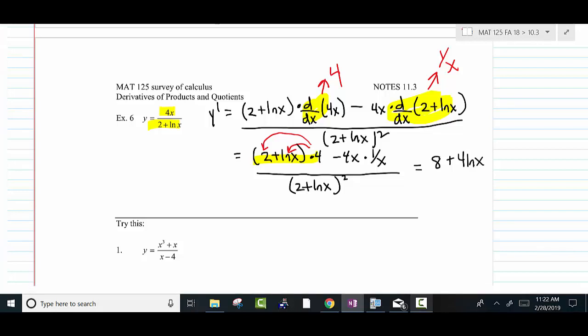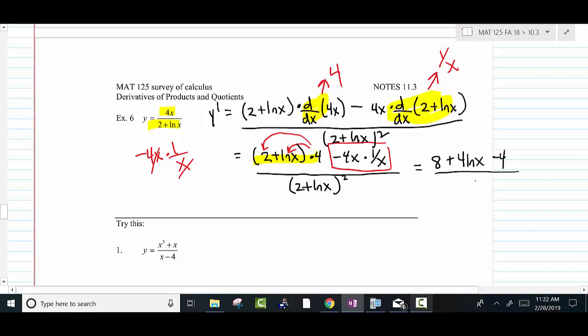Now, if you look at this part right here that I'm boxing in, that is saying minus 4x times 1 over x. What is that? Negative 4. The x's cross out, don't they? So that's minus 4. That's the algebra that would exist in that part of the problem. Then the bottom, do I need to do anything with the bottom ever? No. I've said that several times because I see students doing that, and there's absolutely no need ever to multiply that out.